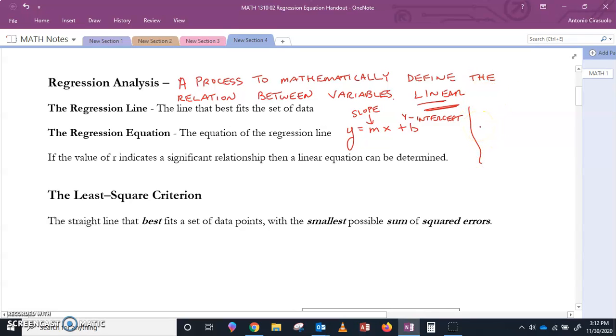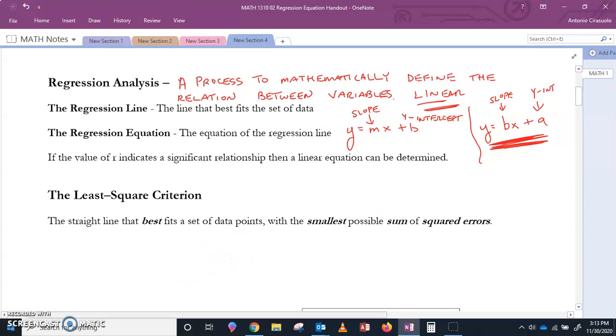Our calculator, when it looks at our data, is going to have the value b, which stands for the slope, and a plus a, and that's your y-intercept. That's the way the BA II Plus calculator works. So make sure that you commit that to memory.